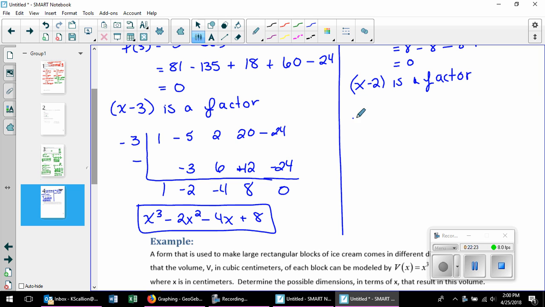Okay, so now we're going to do synthetic division again, but now we're using the degree of 3. So -2, 4, 8. Let's go ahead and screw this one up.